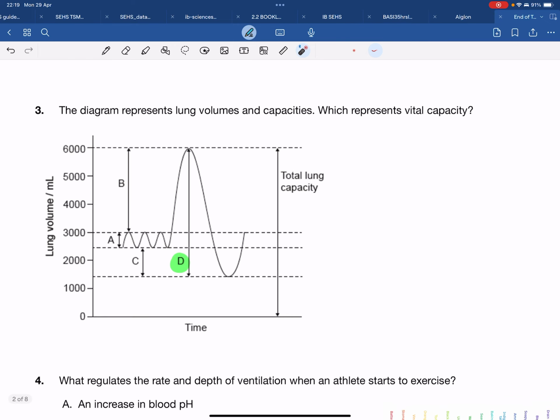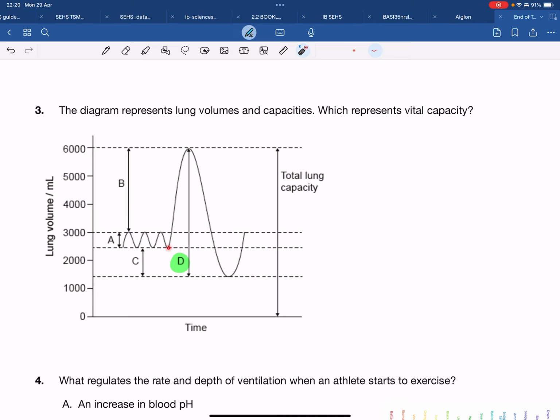Question 3. So this is a challenging one, but if we look at the axes, we can think about increased lung volume. So going from deep breathing, which is up here, to shallow breathing, which is our tidal volume. So if we're thinking about a normal breath in and out, like we did in class, tidal volume, our maximal breath in would be B. Our maximal breath out would be coming down, this extra bit here, and obviously our residual volume's down here.